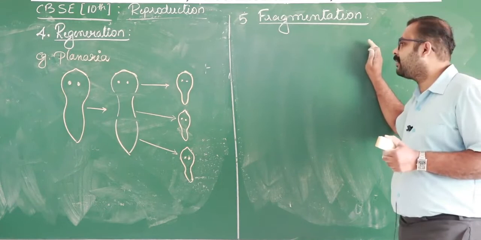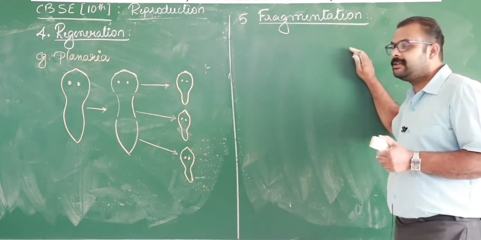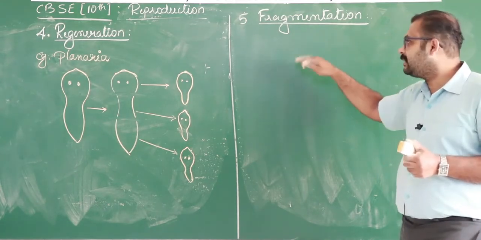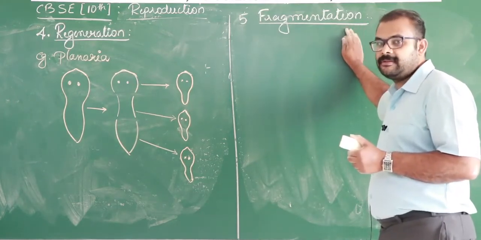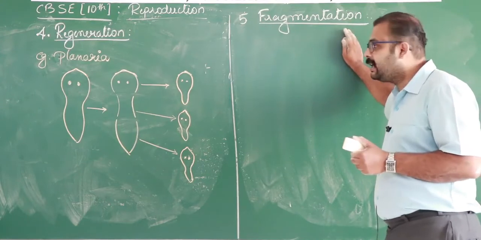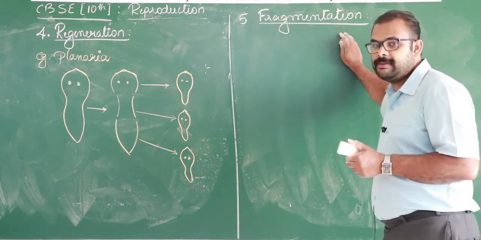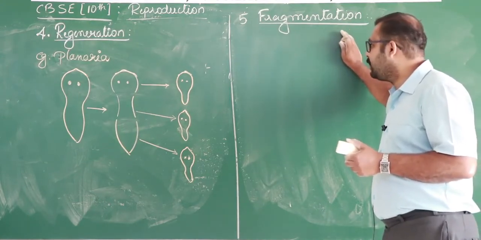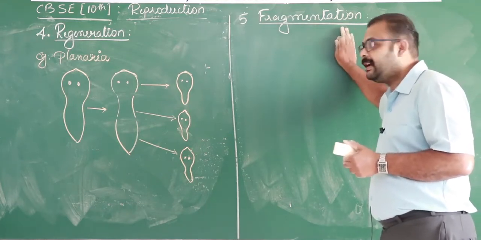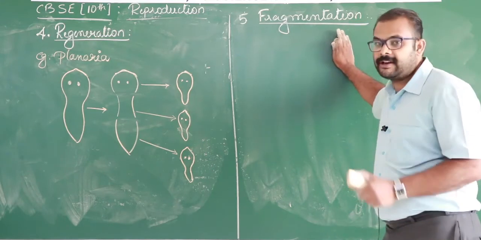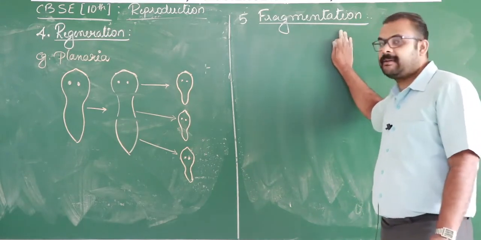This is what we call fragmentation. The thing is that on maturity the organism cuts itself into two or more pieces, and each piece grows as an independent one. If it is not cut by itself but by physical damage, then they also grow as independent organisms. This method of reproduction is called fragmentation.